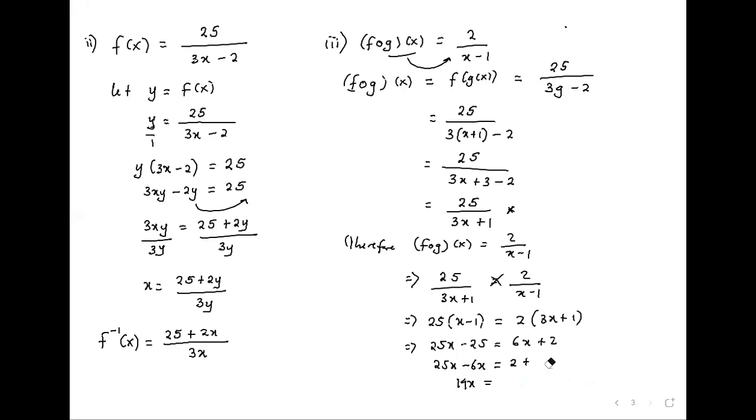So this is 25 plus 2, that becomes 27. So you have x is equal to 27 over 19. Okay, so this becomes our solution.